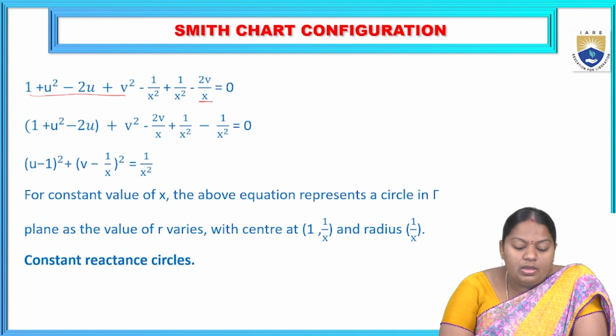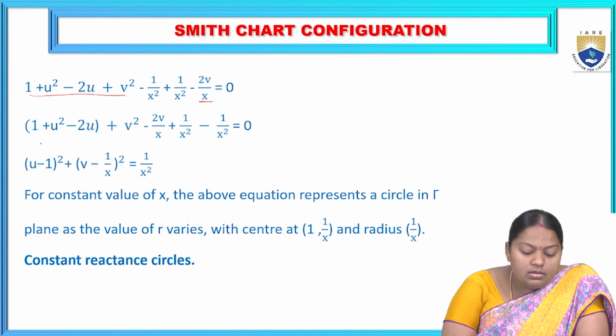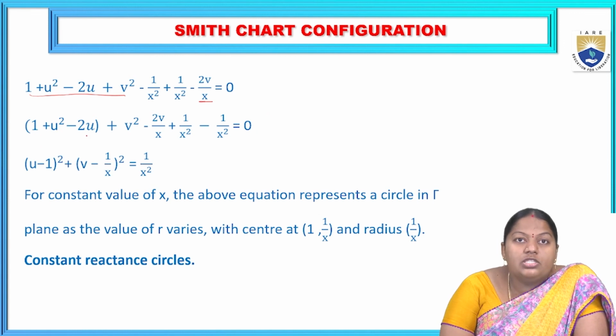Now 1 plus u square minus 2u, plus v square minus 2v by x plus 1 by x square, and take the minus 1 by x square at the last, equal to 0. See here, a square plus b square minus 2ab.